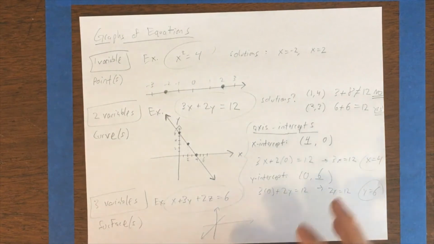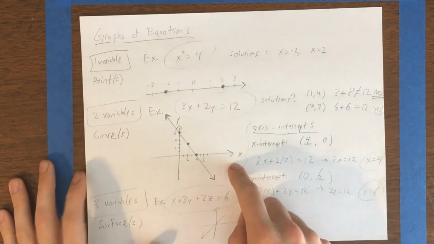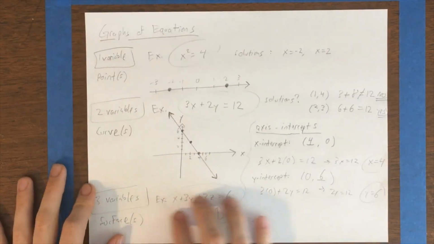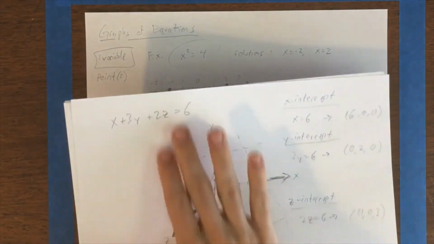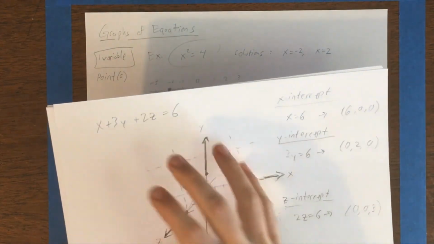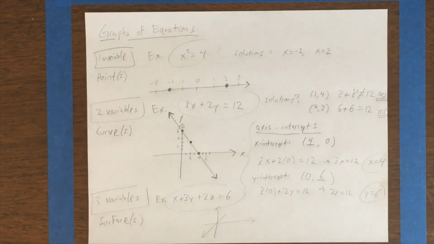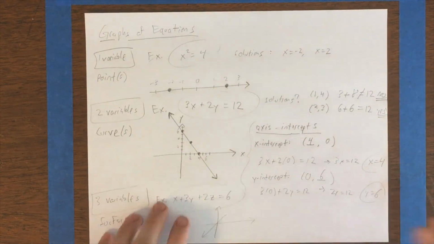The curve itself is a 1-dimensional object, but it's sitting in a 2-dimensional space. And for the 3-dimensional surface over here, that surface is a 2-dimensional thing, right? Even if it's curving around, it's still a 2-dimensional object, but it's sitting in a 3-dimensional space. So yeah, there's the basic idea behind the graph of an equation. We're going to do some examples next.